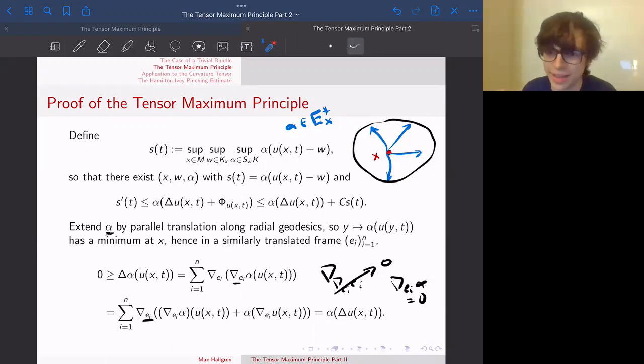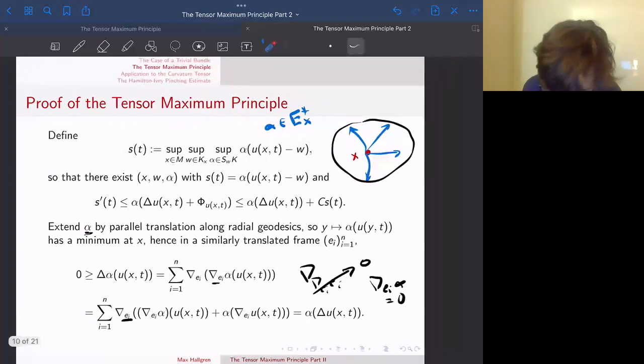Instead of considering the tangent cone at a fixed point, you have to consider a time-dependent analog where you look at these forward-pointing tangent vectors. It's just more work, but you can. A good reference for this is Ben Chow and Lei Ni's book, Ricci Flow Techniques and Applications, in the second volume. I'll have the references listed at the end.